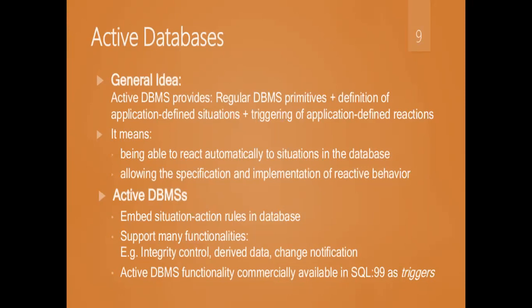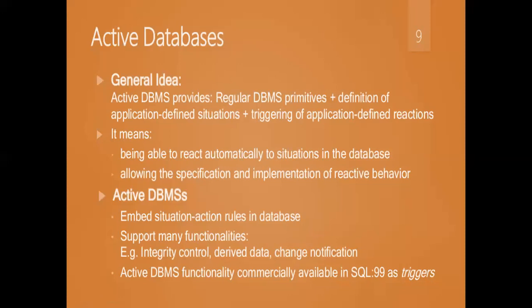So allowing the specification and implementation of reactive behavior, means smoothly we are going to execute our application. The DBMS embeds situation action rules in the database, supporting many functionalities like integrity control, derived data, change notifications. Integrity control means constraints, so that we can define the data with some set of rules, right?